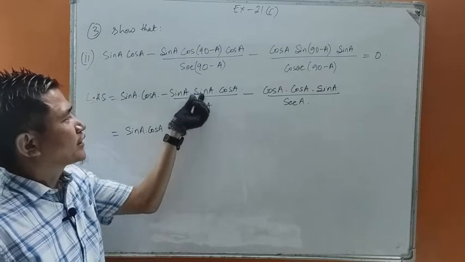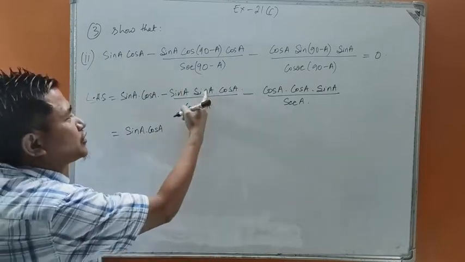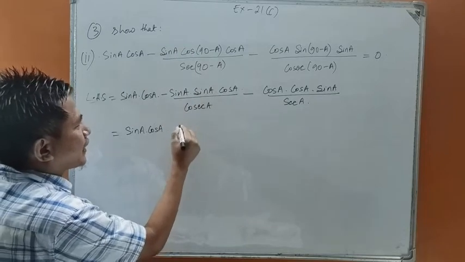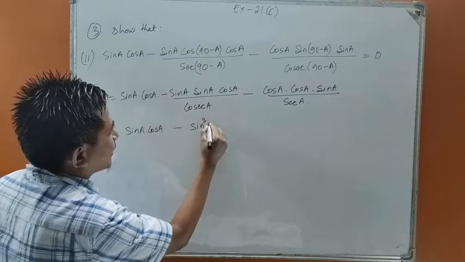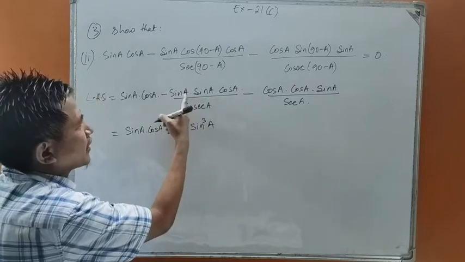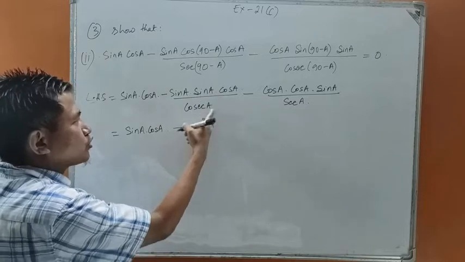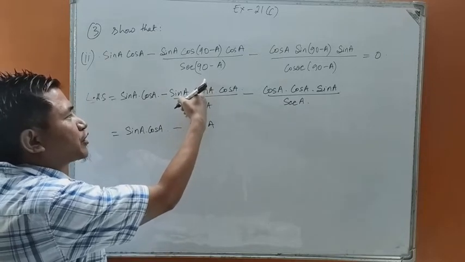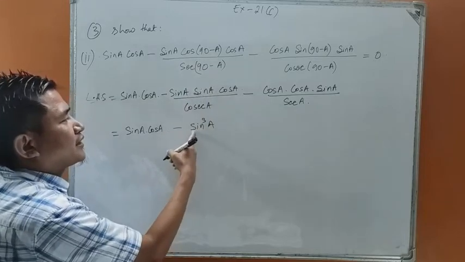So this cosec A goes to the numerator and becomes sine A, and that sine A into sine square A becomes sine cube A, isn't it?